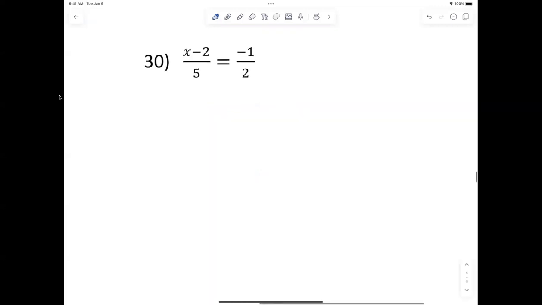Okay, now we got a proportion. So just to review, cross multiply. You're multiplying these two things together, and you're multiplying these two things together. 2 parentheses, x minus 2 equals -5. Now, would it be a good idea to divide by 2 this time?